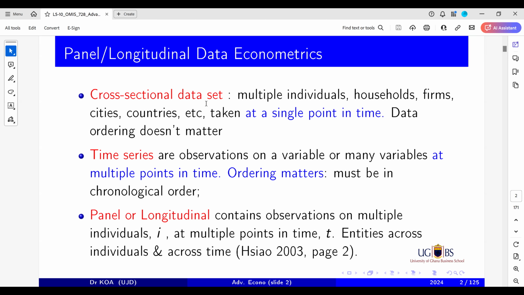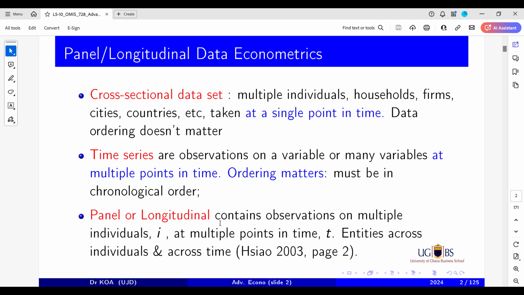That is time series data. A panel data is a combination of both cross-section and time series data. It has to do with both individuals, which is i, as well as time dimensions. And you're going to see that it is the best kind of data one can have.